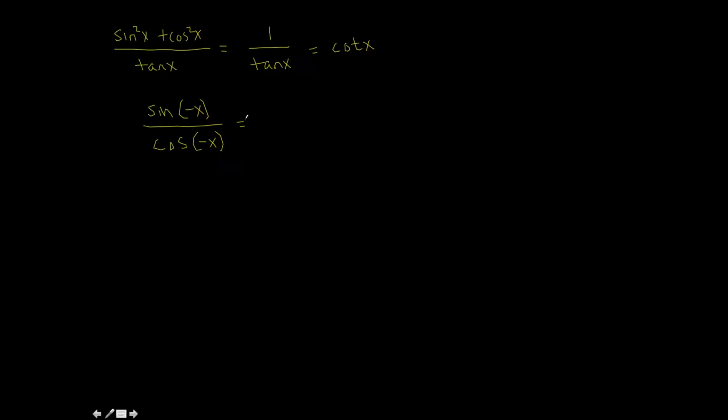Sine over cosine is the same thing as tangent. So really, this is the tangent of negative x. That's on your first blue words on page 108. So what is the tangent of negative x? Well, our negative identities tell us that it is negative tangent x.